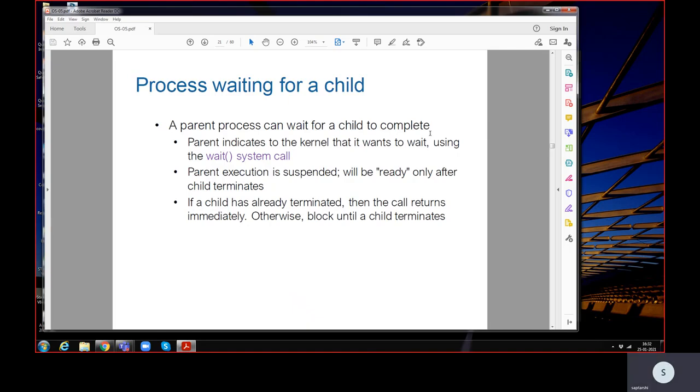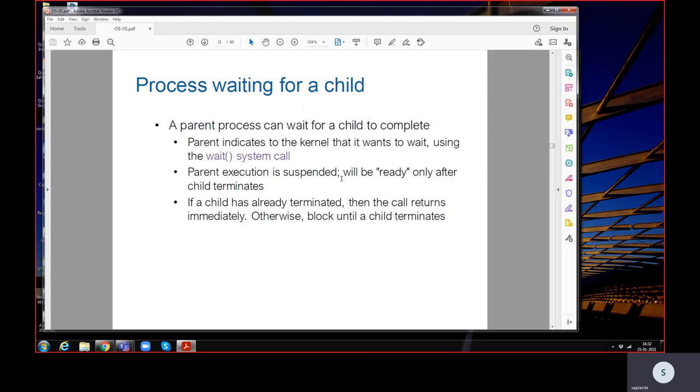So the operating system gives us a facility that a parent process can indicate to the kernel that it wants a child to complete. And this is done using the wait system call. So suppose a parent has forked a child, or it has forked multiple children. Then it calls wait. So what happens?